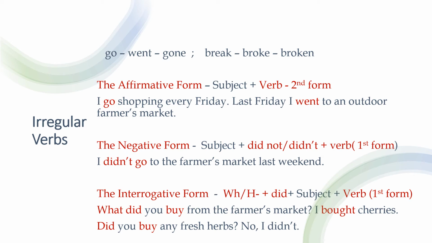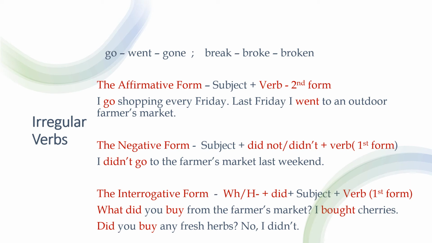The second one holds the past tense of the verb, and the third one holds the past participle of the verb that is used with present perfect simple and past perfect simple. That's why I recommend learning the 3 forms together, like in go, went, gone, break, broke, broken.